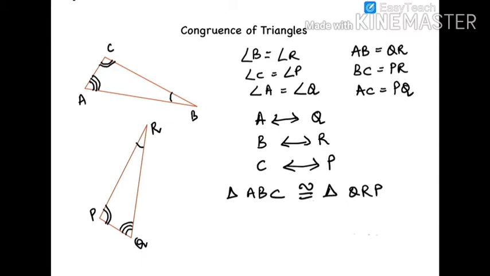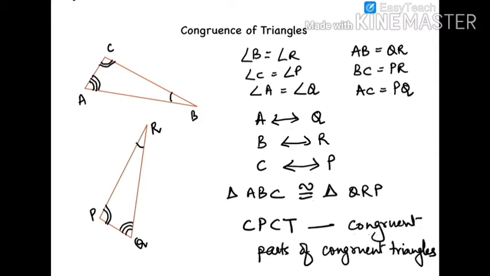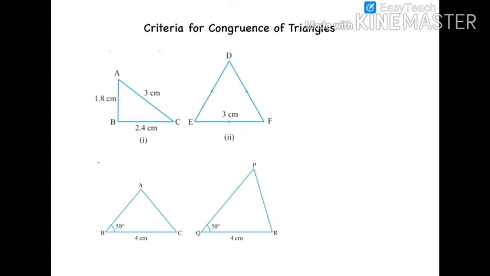And these corresponding angles and corresponding sides that are equal in two congruent triangles are written as CPCT, which means congruent parts of congruent triangles.